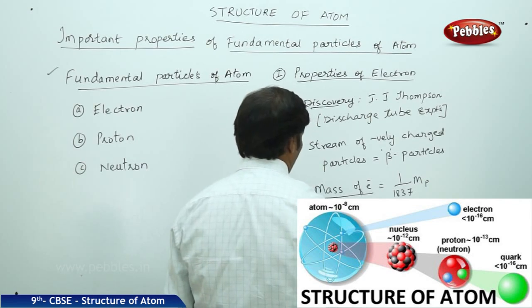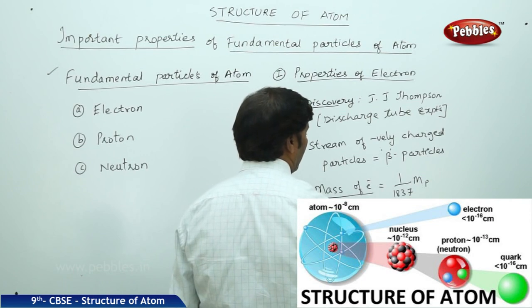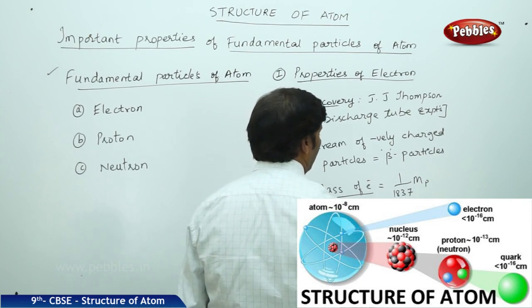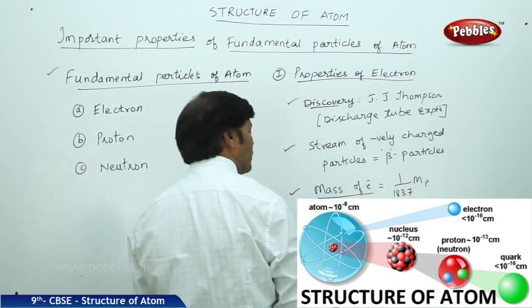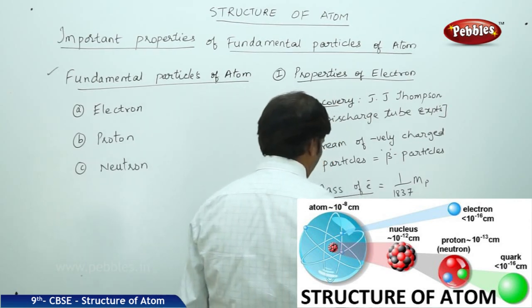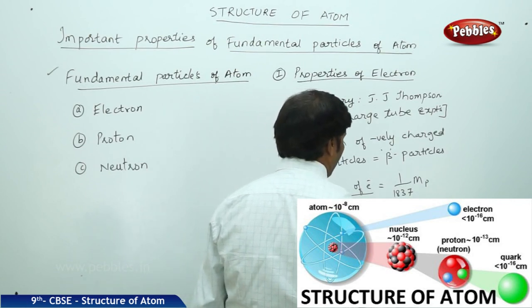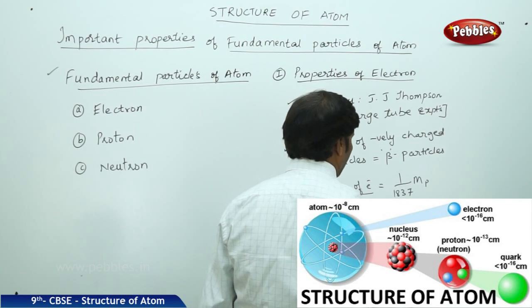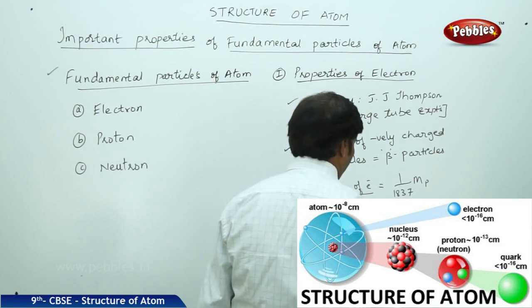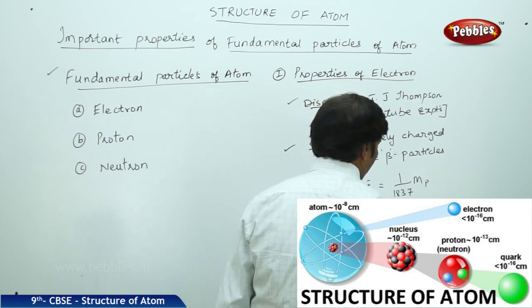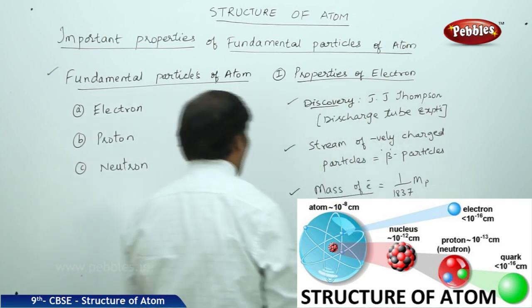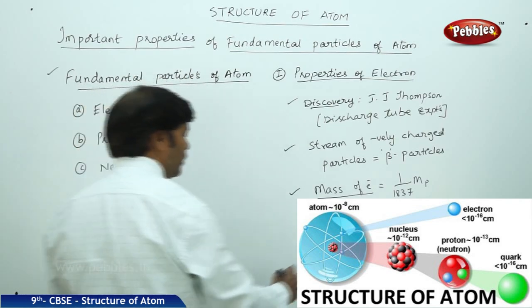Or in other words, mass of proton is equal to 1837 times that of the mass of electron. So from this it's very clear that the mass of proton is greater than the mass of electron.